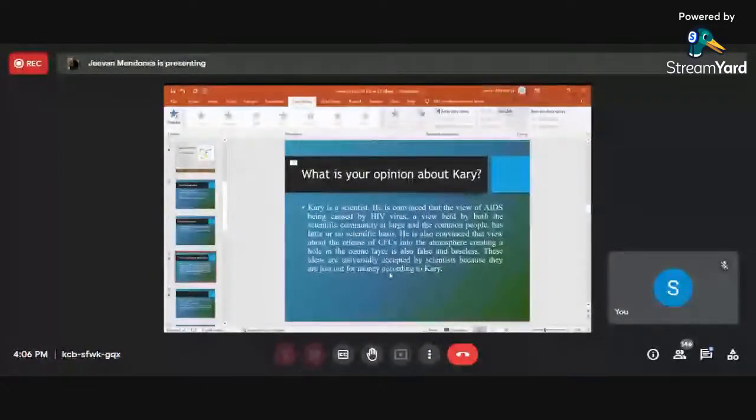Now, of course, I'm not surprised that you are shocked to hear this, right? But he's saying that the scientific community and the common people believe this, but this has no scientific basis. Now, Carey is also convinced that the release of the CFCs, the chlorofluorocarbons, into the atmosphere, creating a hole in the ozone layer, is also false and baseless.